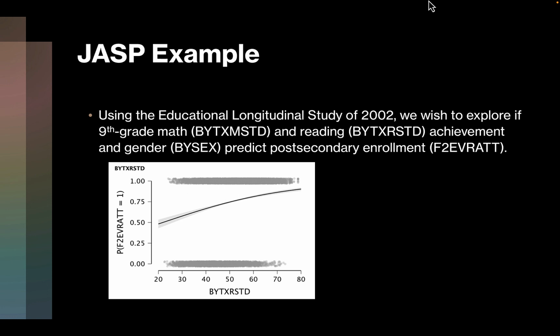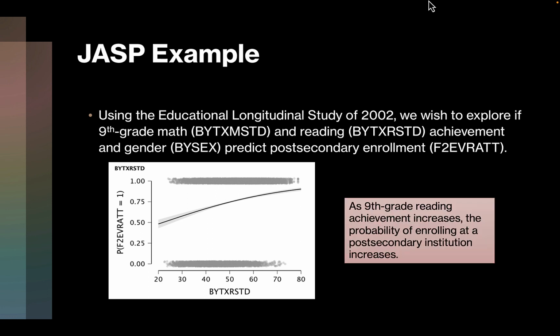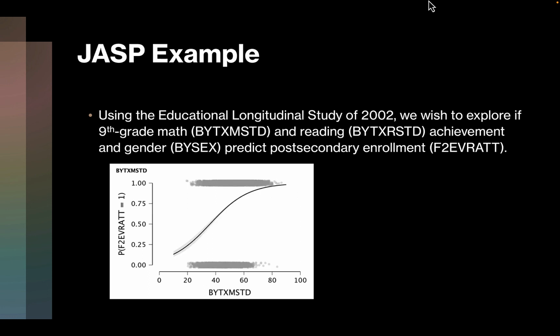And so with reading achievement, we do see that the probability of enrolling in post-secondary increases as reading achievement increases. All right, we see a little bit stronger of a relationship with math.